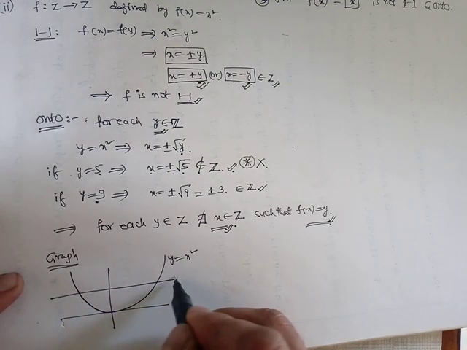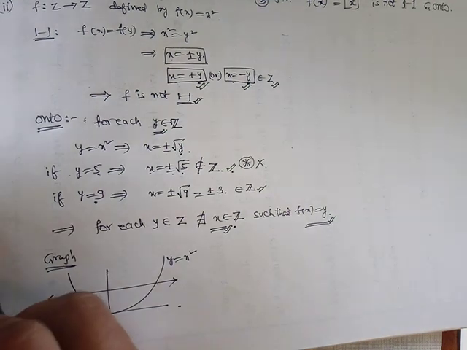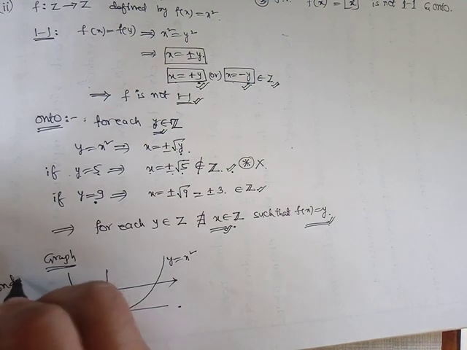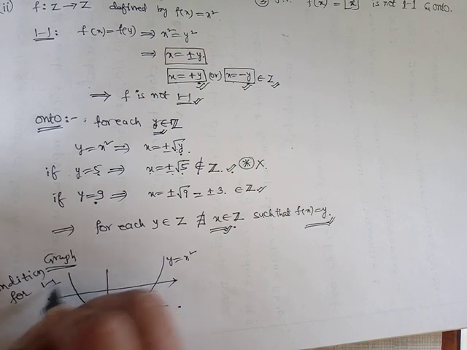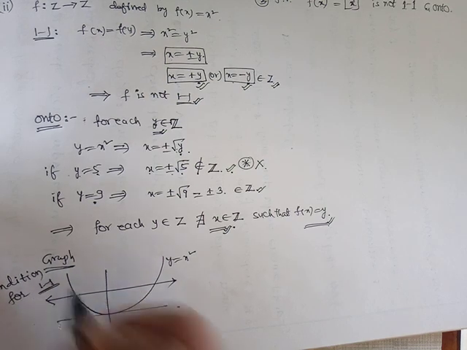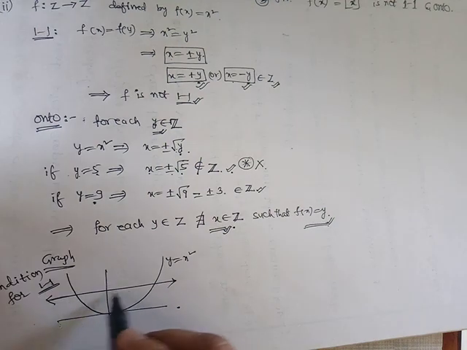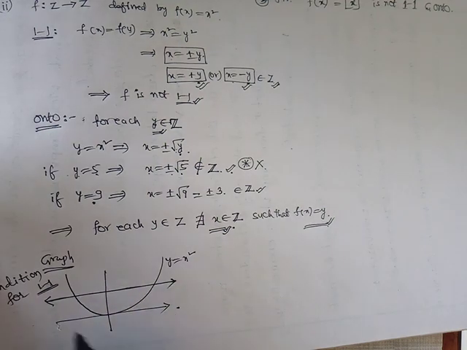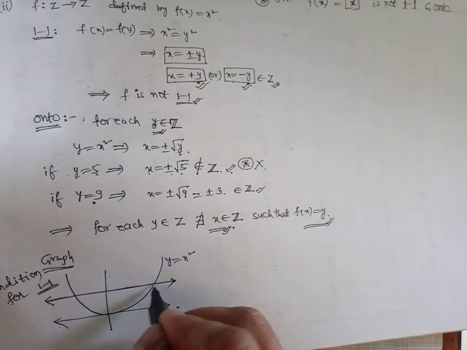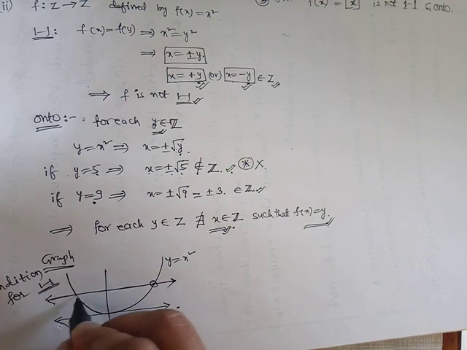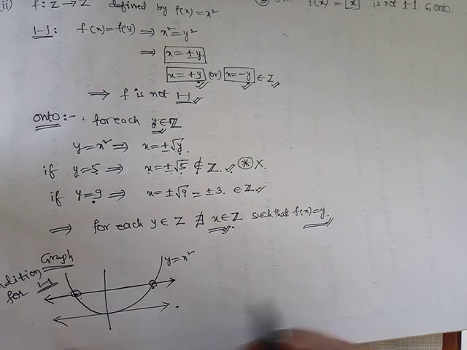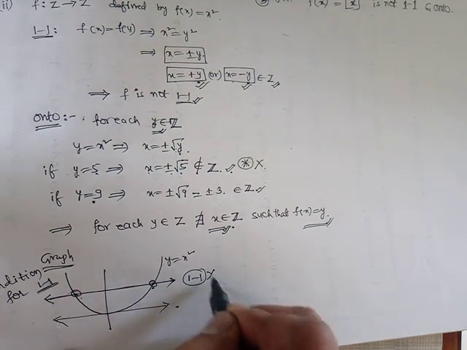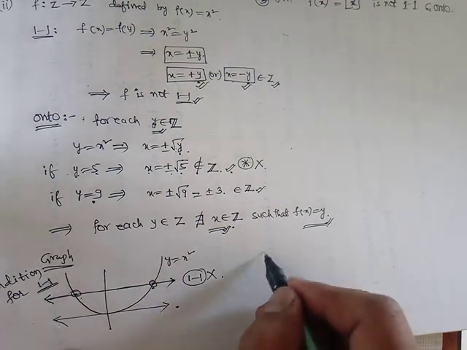Drawing a line parallel to the x axis, in how many places is the line intersecting the graph? It is intersecting the graph in 2 places, so that's why it is not one-one.